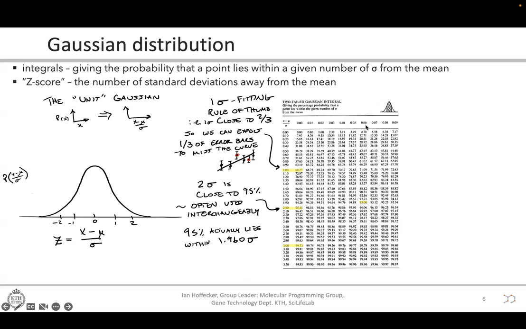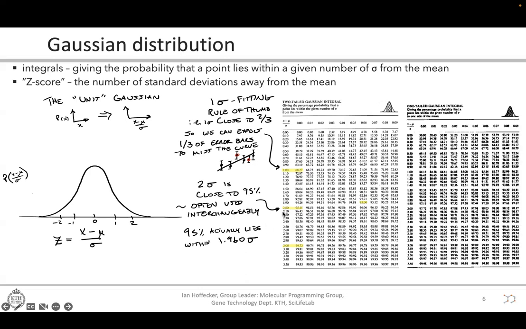If we look, then we can keep checking out this table here. So 2, we said earlier, corresponds to 95.45 probability. So we can see that here. But we could also look this up for an arbitrary value. So if we want to know what is 95% probability, for example, not 95.45.